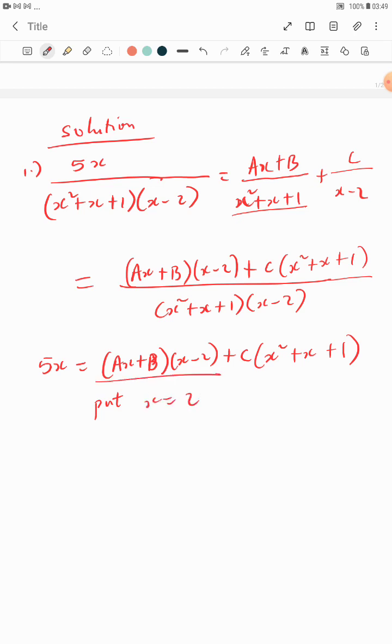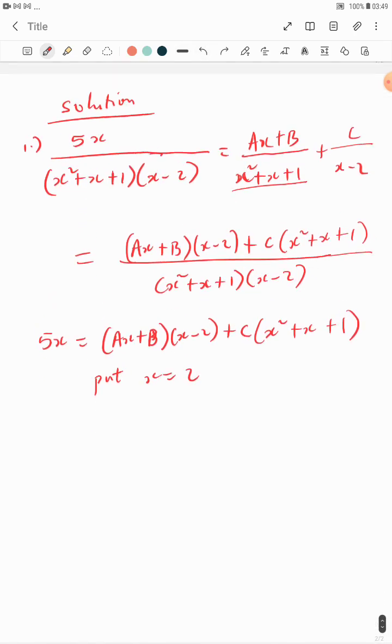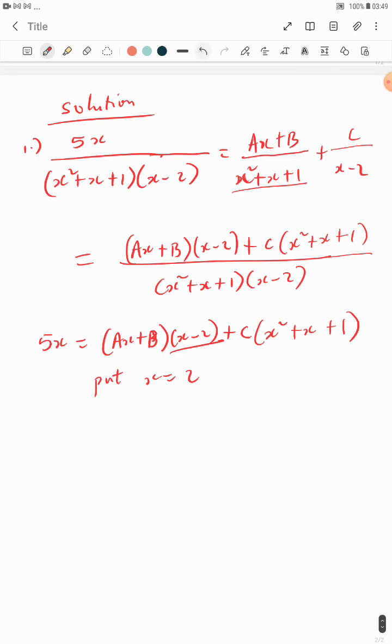It will make this part to be what? 0, because 2 minus 2 will give us 0. So we can say 5 bracket 2, everything here must have become 0, then plus c, we have 2 squared plus 2 plus 1.